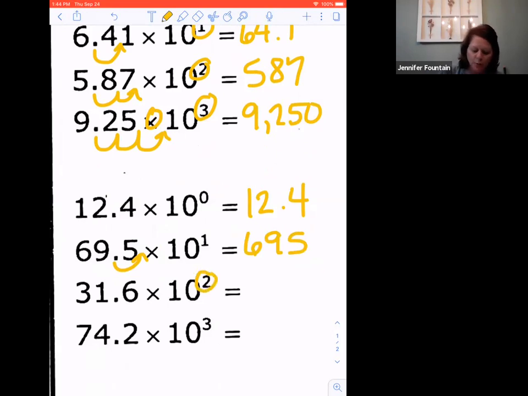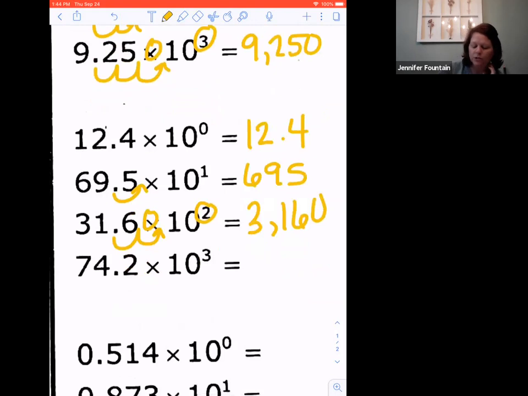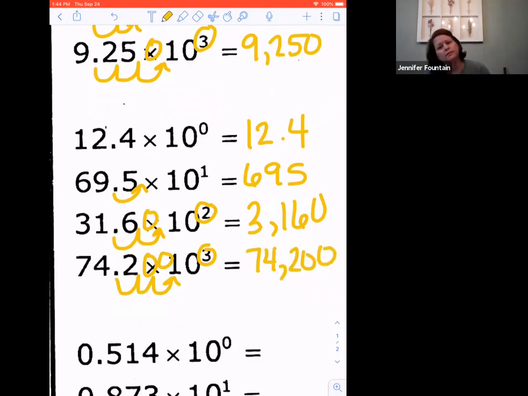Move my decimal two places, 1, 2. Got to put in that 0, so I have 3,160. 74.2 times 10 to the third. Multiplying by 1,000, move my decimal three places to the right. So I have to put in two placeholder 0s. So I have 74,200. Any questions on those?